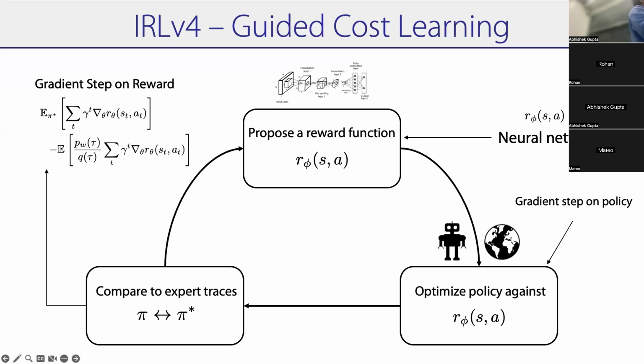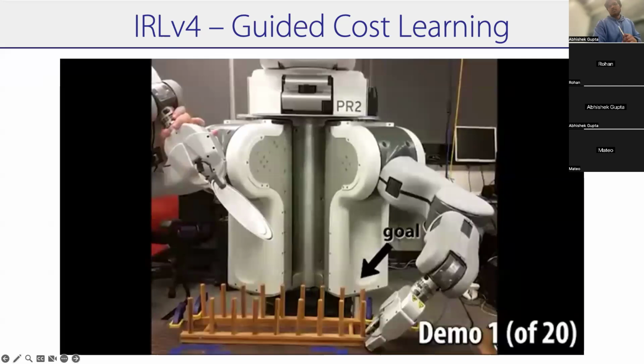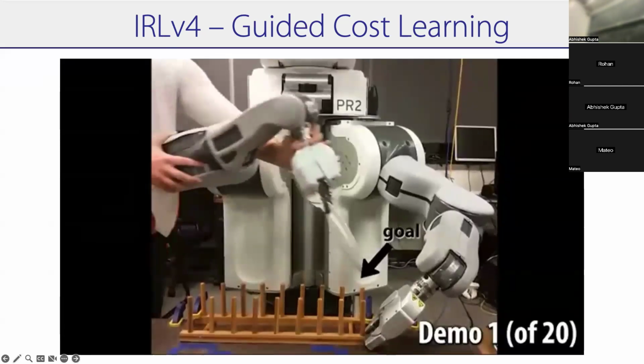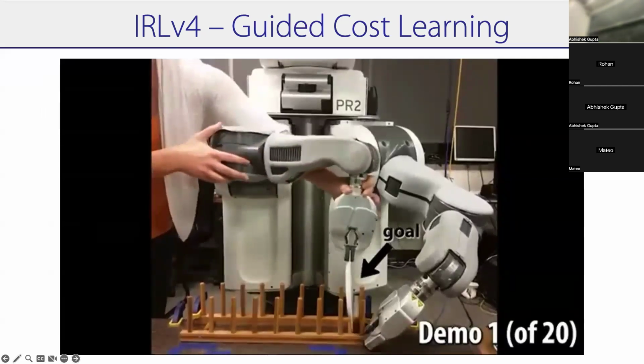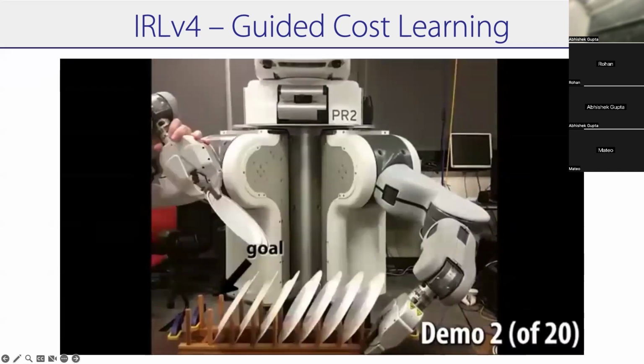Now you have a procedure where you're improving your reward a bit, improving your policy a bit, improving your reward a bit, improving your policy a bit. And rather than reward a bit, policy for convergence, reward a bit, policy for convergence, you do both a little bit at a time.